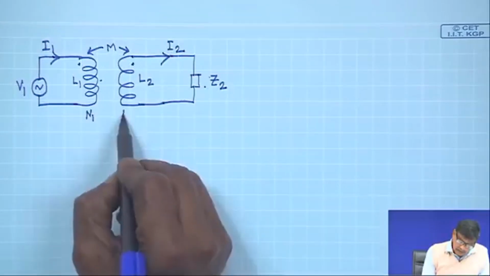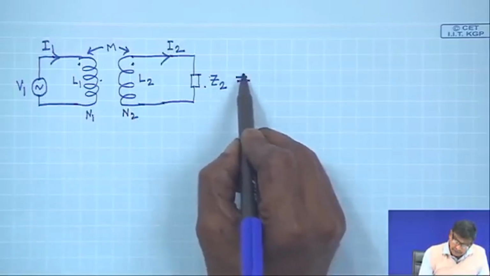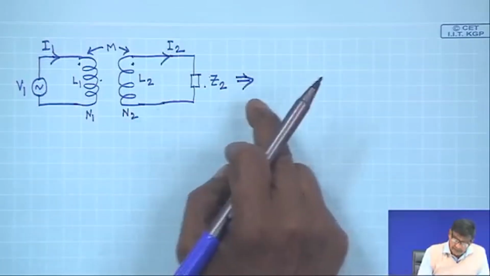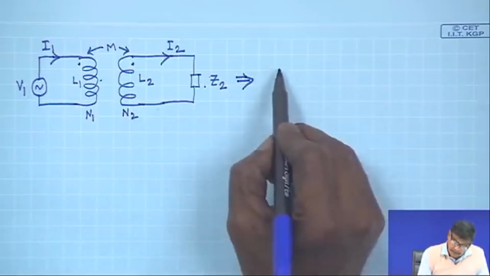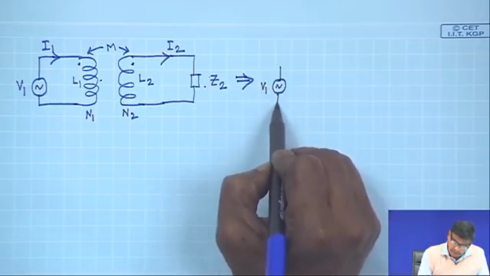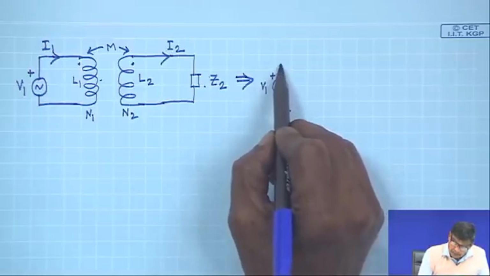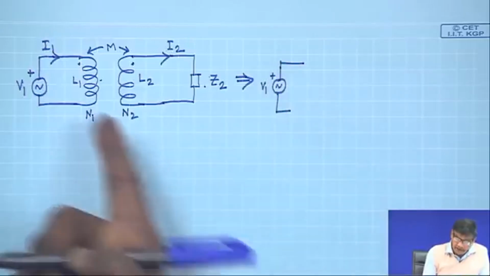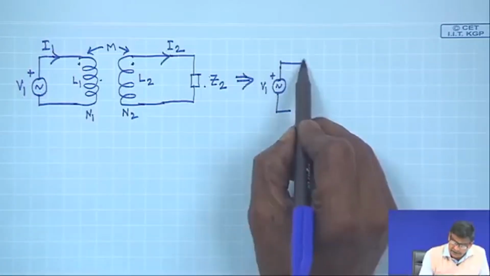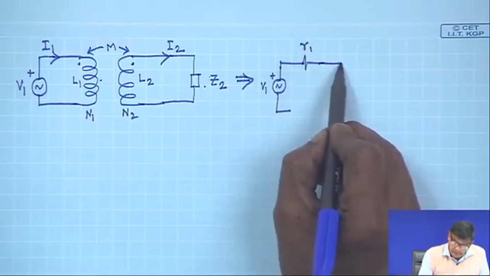Now, this circuit, this is a very important step, can be drawn like this. V1 is the applied voltage, and let us assume the winding has a resistance R1.